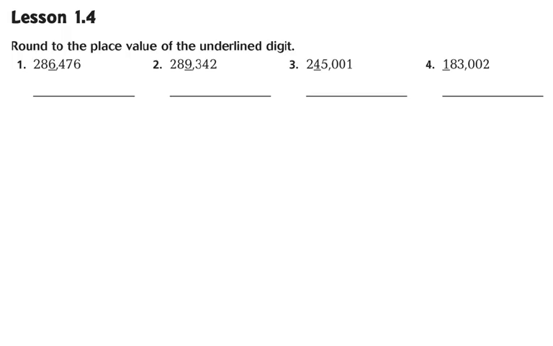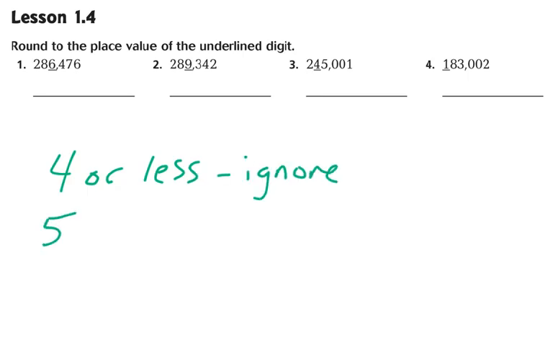Next, we talked about rounding. Now, rounding was tricky for some of you. We want to make sure that we're not only looking at the underlined digit, but that we're looking at its neighbor as well. We talked about the rule that if it's 4 or less, we ignore it. And if it's 5 or more, we add 1 more.